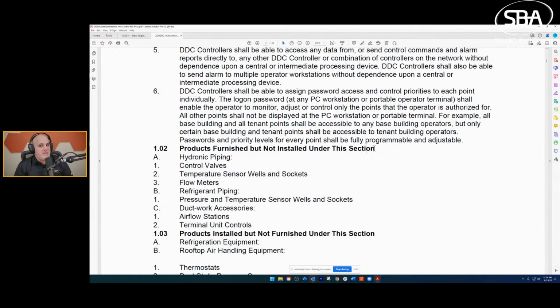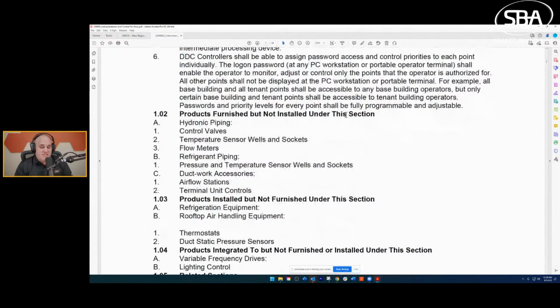Now, where you have to be careful, and this bites some people sometimes, is they say, oh, I'm furnishing this, which means I am providing it. I'm including the cost in my estimate. But then they skip over the related section that says, oh, by the way, you're also installing it. So they assume when they read this that they don't have to carry the install cost.